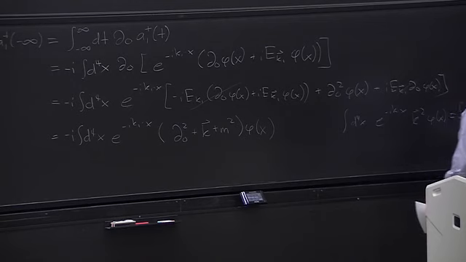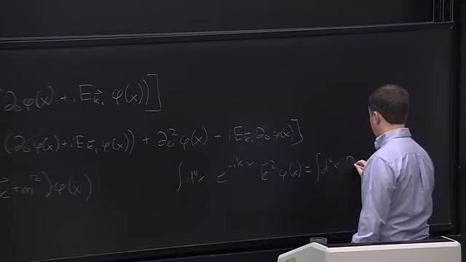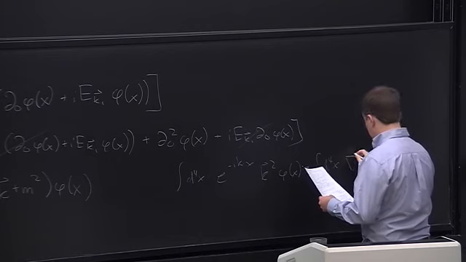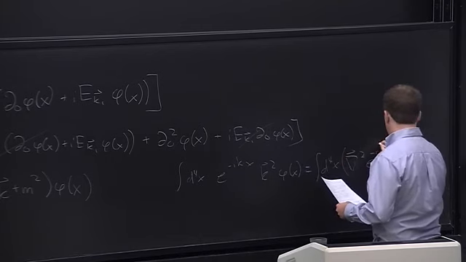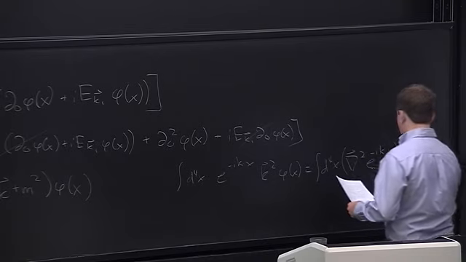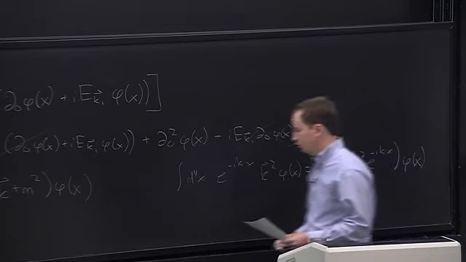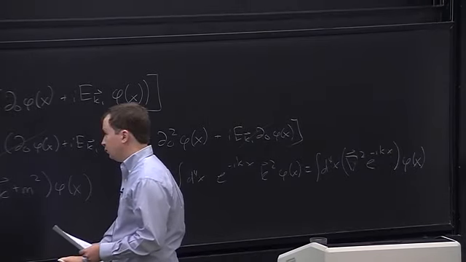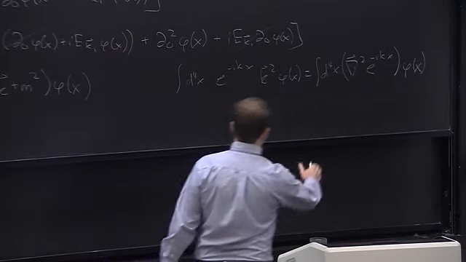So this is the integral of, we act with the gradient squared on e to the minus i k dot x times phi of x.